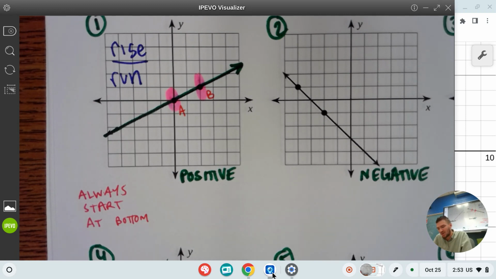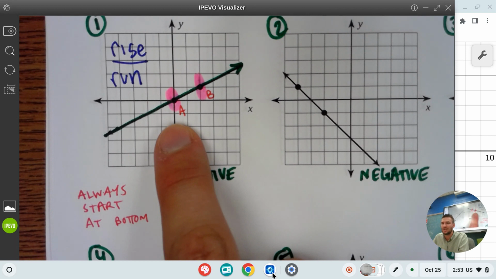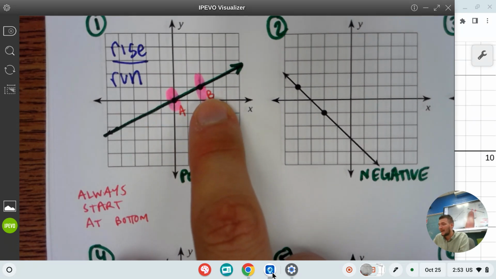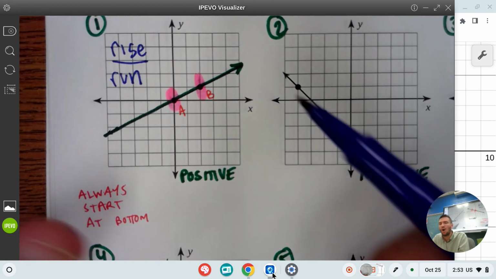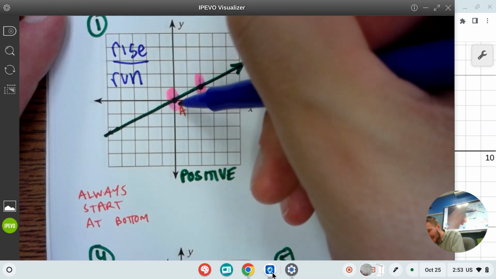You could start with A and try to get to B, or you could start with B and try to get to A. But students who start with A average a better score than students who start with B. Okay? So, I always start at the bottom. I'm going to start at A.